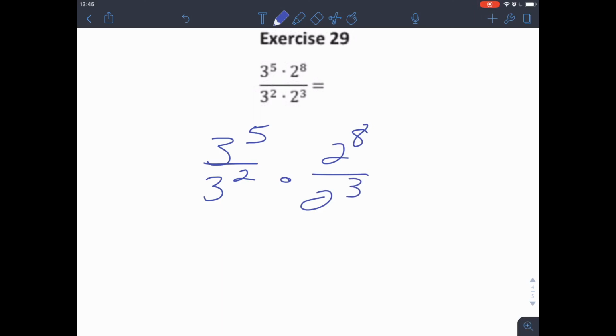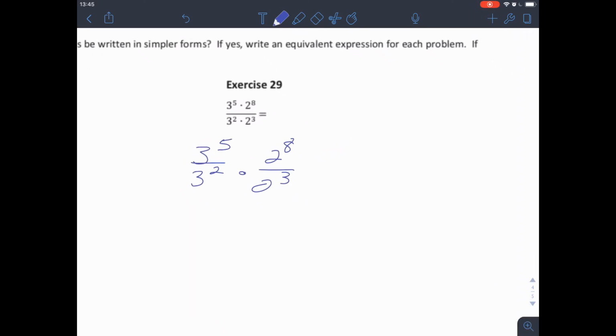I can split it up like that in my head, and then I can do my factoring from there. So I just do the 5 minus 2 to go with my base of 3, and then the 8 minus the 3 to go with my base of 2, and I end up with 3 to the 3rd power, 5 minus 2, and 2 to the 5th power, 8 minus 3.